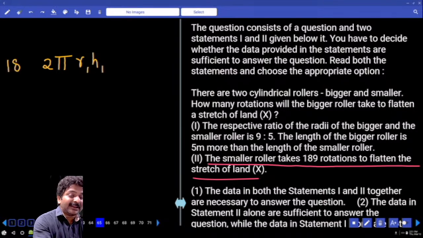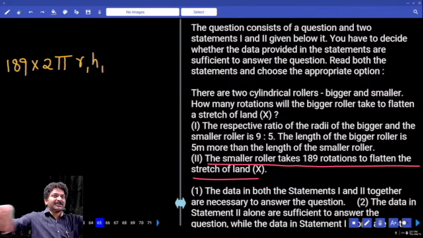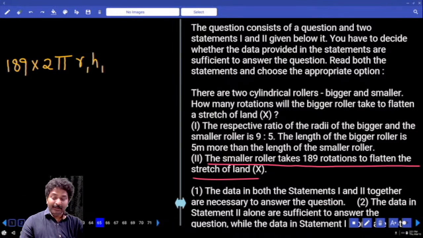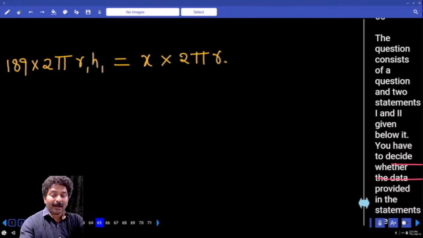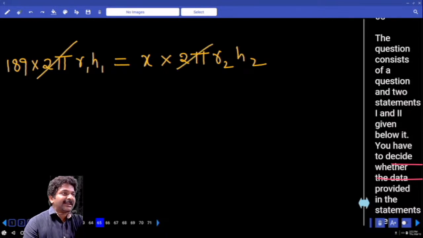Like that, it needs 189 stretches. This is the total stretch, correct? Now using bigger roller, assume it takes x revolutions, and in each revolution distance covered is 2 pi r2 h2. 2 pi can be cancelled here.